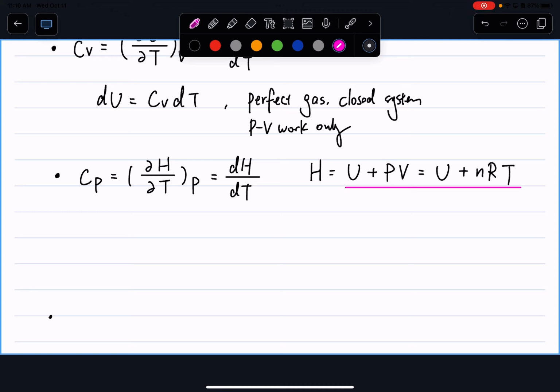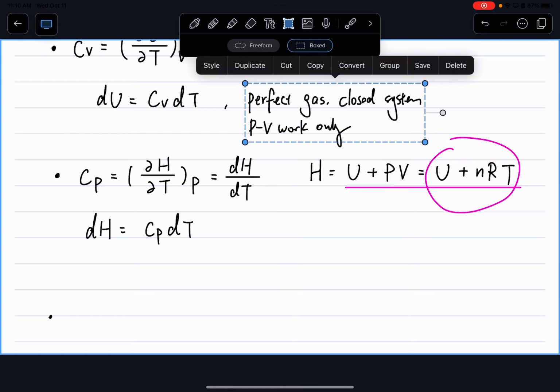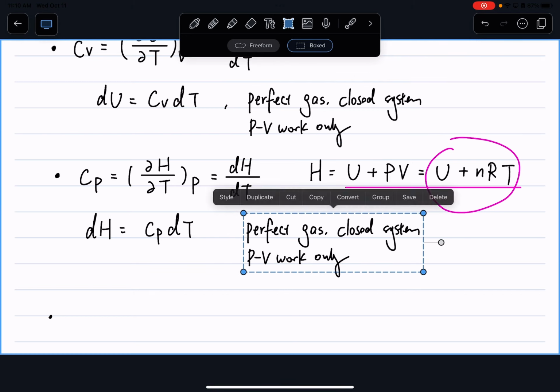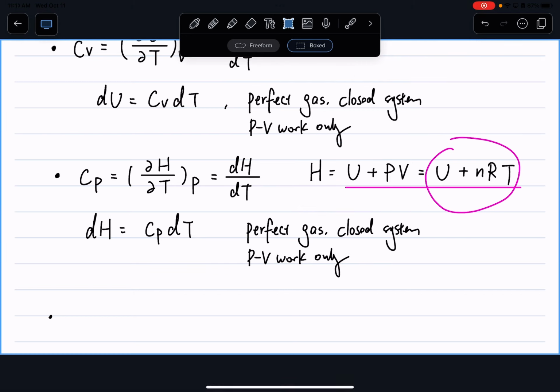So U is only a function of T, and H is U plus nRT, which is also only a function of T. And we can also rewrite this relationship as dH equals CP dT under the same conditions.